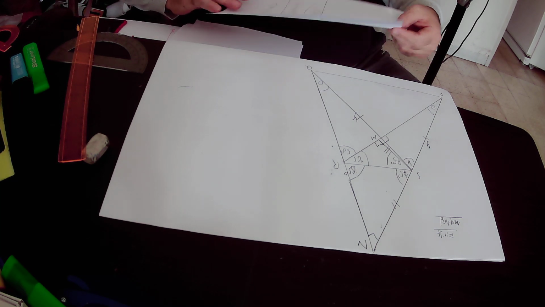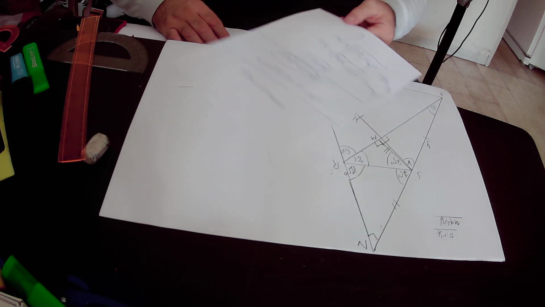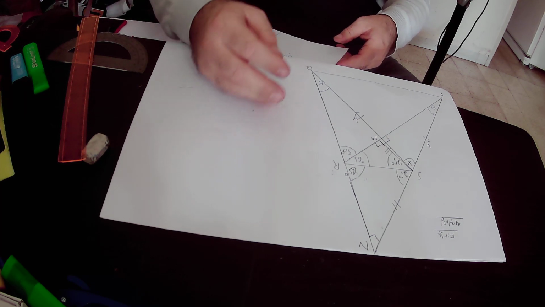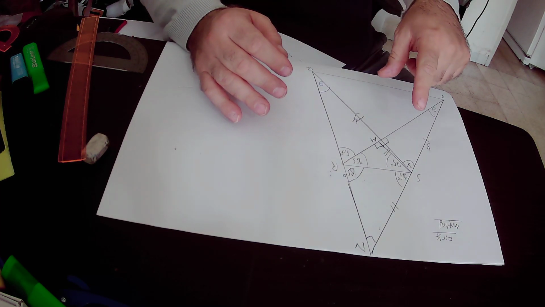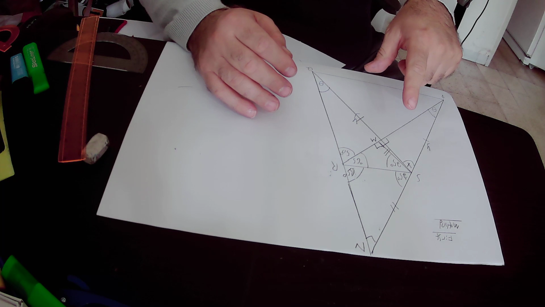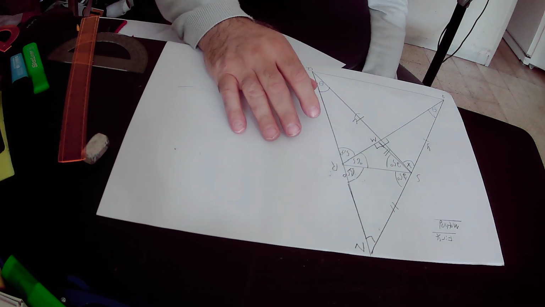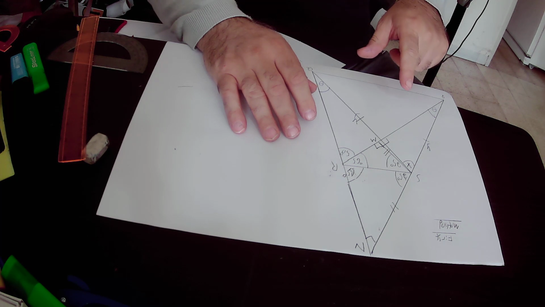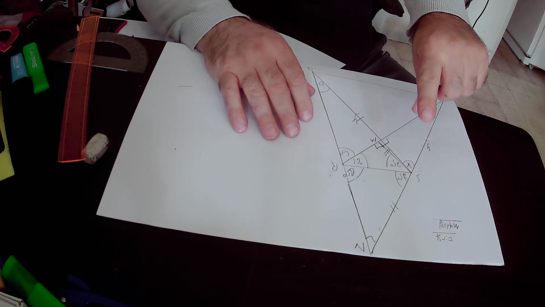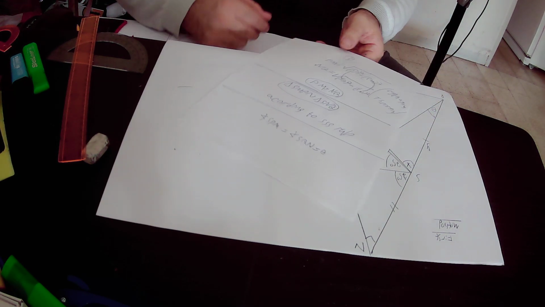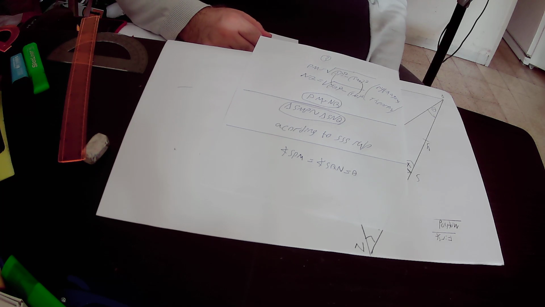Okay, that is the size of PM, and the size of QN according to the Pythagoras theorem in the right triangle SNQ: NQ will be equal to the root of SQ squared minus SN squared.